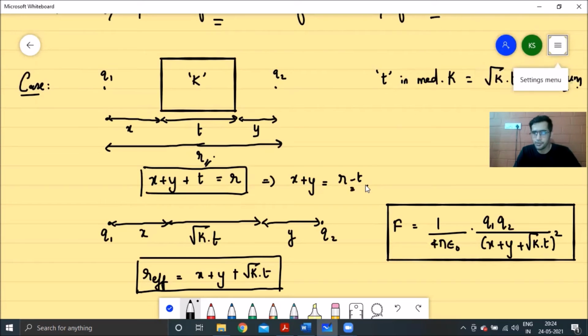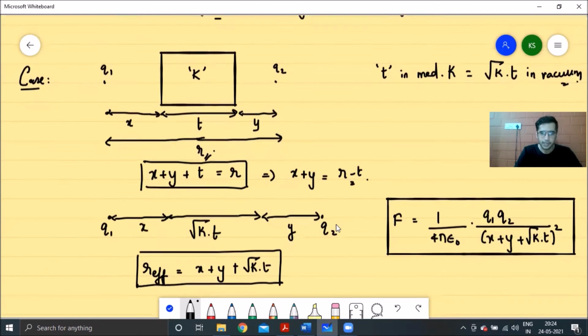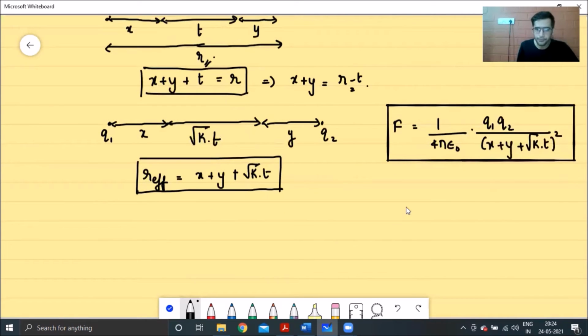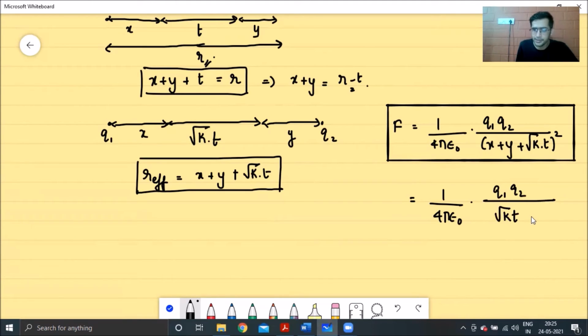So you can remember this as a formula in this case. Your force acting between these two charges then turns out to be 1 by 4 pi epsilon naught, Q1 Q2 by root K T plus R minus T, whole square.